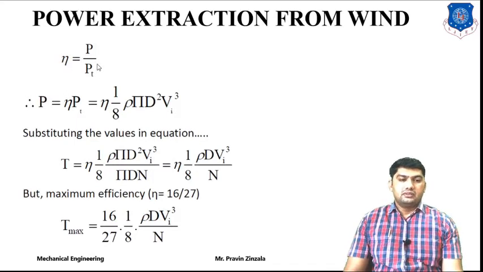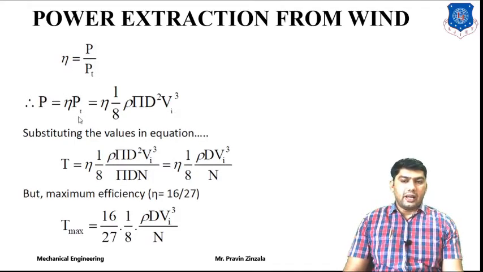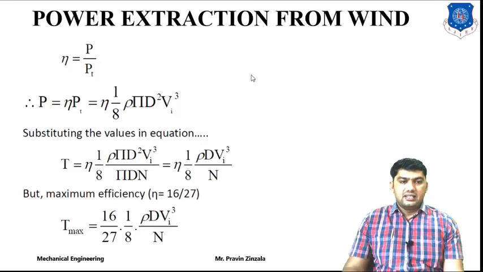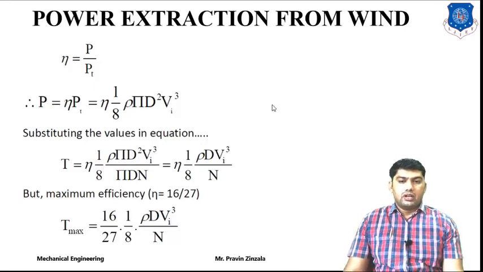Power. Total power of wind. V cube. Direction from wind or in wind. In the previous lecture we have derived the power available in wind. By 4 d square.